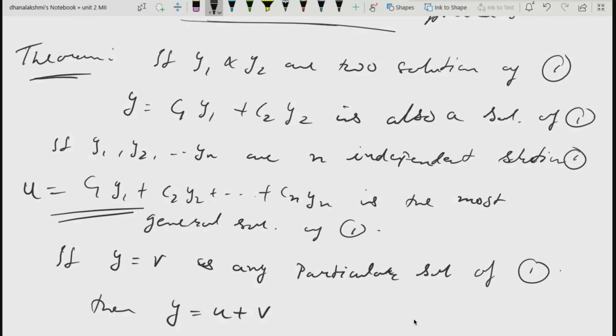Y is equal to u plus v is the most general solution of 1.